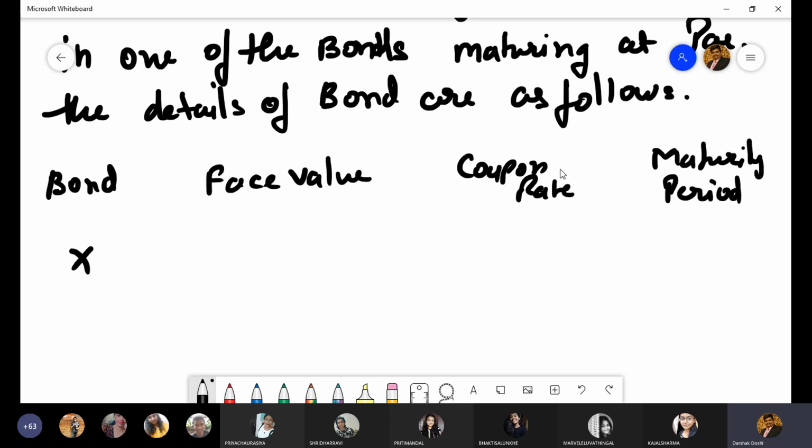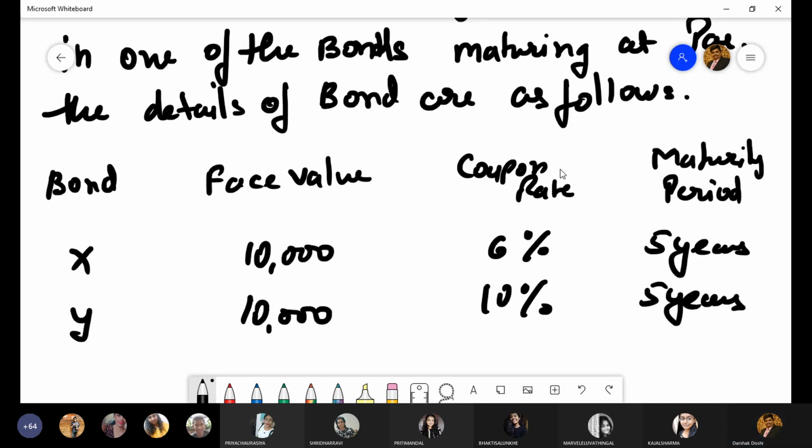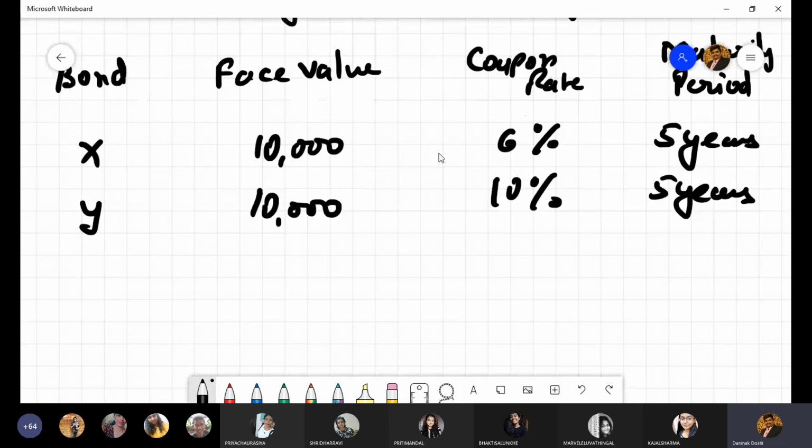X: 10,000, 6%, 5 years. Y: 10,000, 10%, 5 years. Below the table, write down a sentence.